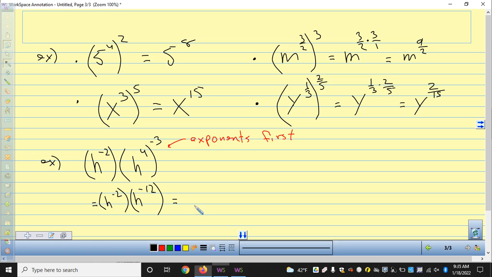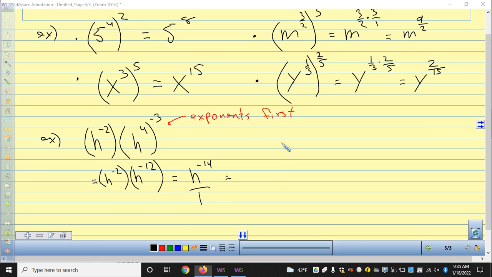Now we add. So it's going to be h to the -14th. And when we simplify exponents, we don't want that negative exponent in the numerator. So we can think, oh, this is h to the -14 over 1. I'm going to flip that over and make the exponent positive. 1 over h to the 14th.